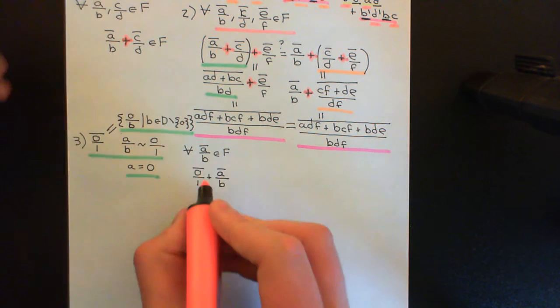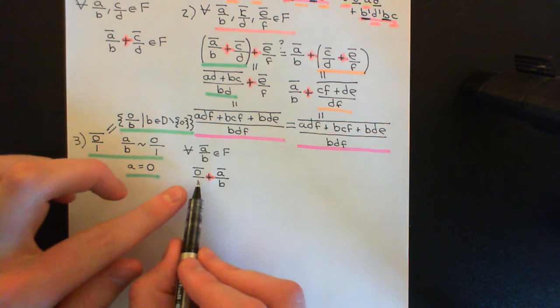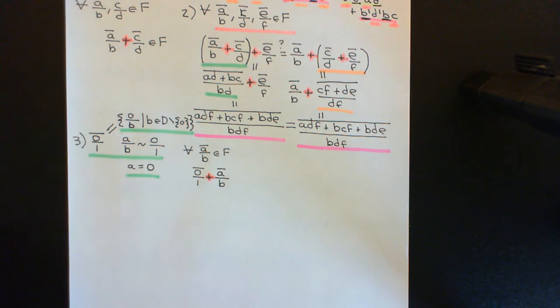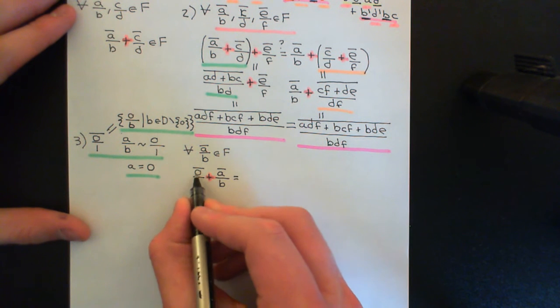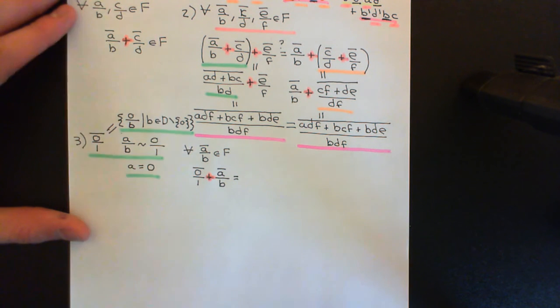Again, I'll stress that this is addition in my fraction field in the way that I have defined. So the way that I'll do this is take a representative from here, take a representative from here. I could pick any representative from here and any representative from here, but let's take the most obvious ones. So let's take the representative 0 over 1, and let's take the representative a over b.